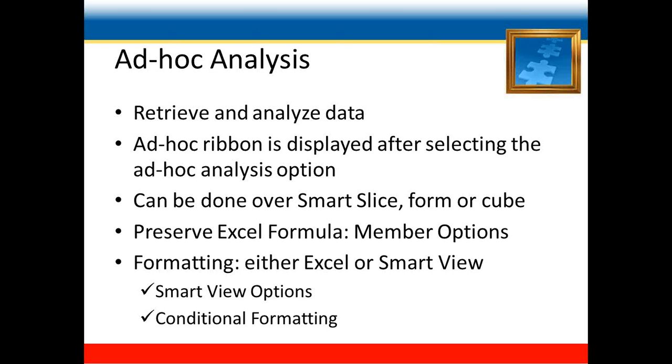Using the commands in that tab, we can perform several other operations for ad hoc analysis. This ad hoc analysis can be done over a smart slice, a planning form, or even a cube.